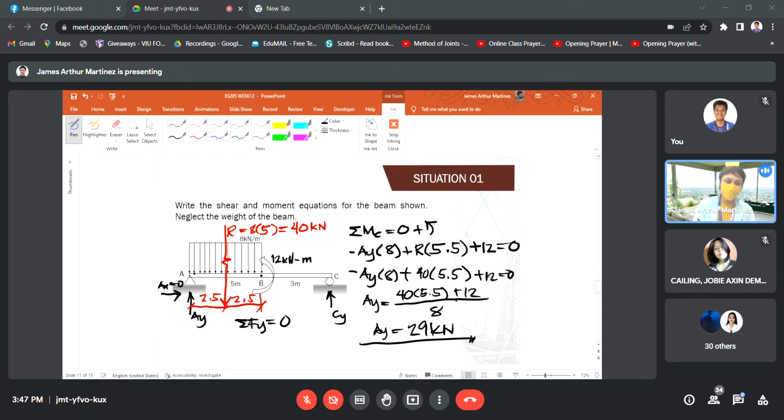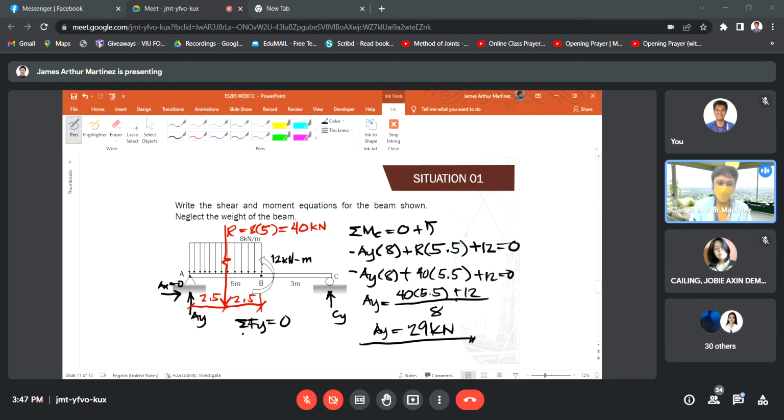Unlike if you take the summation of moments at point A, you consider all forces, so you still get the correct value for the reaction at CY. But for this case, that is what we will do. Either way, just make sure your solution is correct so that you don't make mistakes from your preceding calculations.